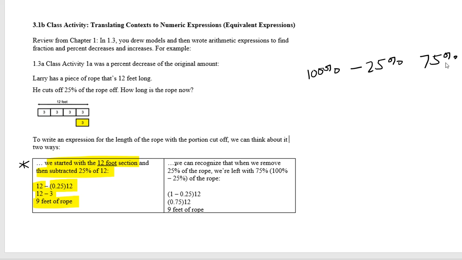And if there is 75% of the rope left, we can actually find 75% of 12 by doing 0.75 times 12, and that leaves us with 9 feet of rope. Okay, so right here, you can take the 100%, you can subtract out the 25%, which gives you the 75%. You can multiply by the 12, and that leaves you with 9.